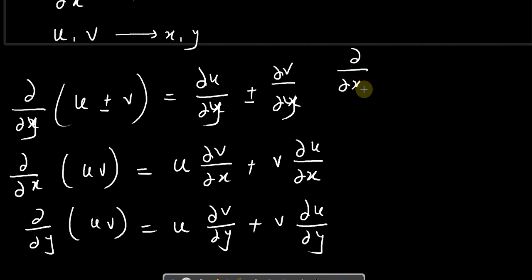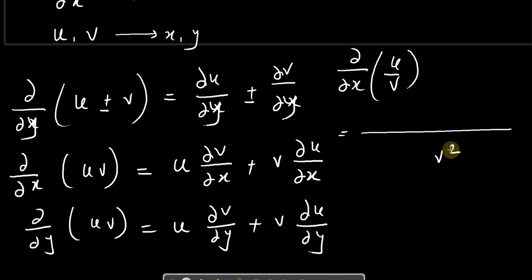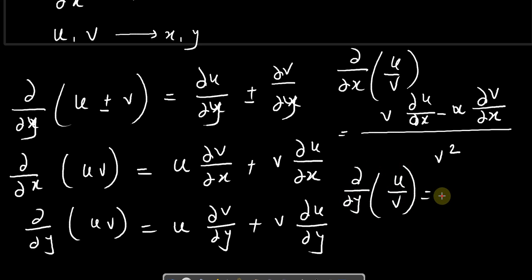Rule of division: denominator squared; v as it is, derivative of the numerator with respect to x, minus the numerator as it is, derivative of the denominator with respect to x. Same rule for the derivative with respect to y. So all the basic rules of algebra of differentiation are followed here.